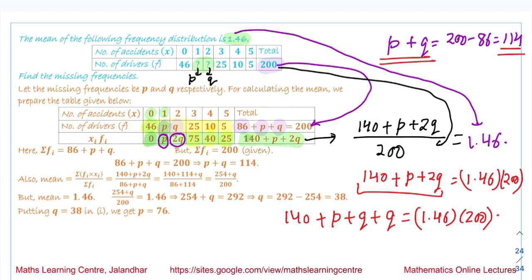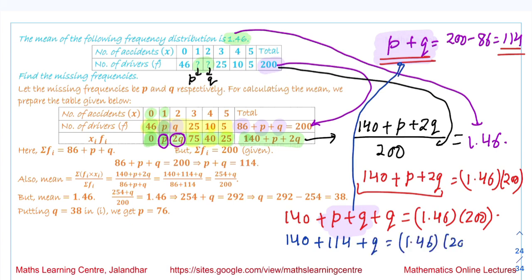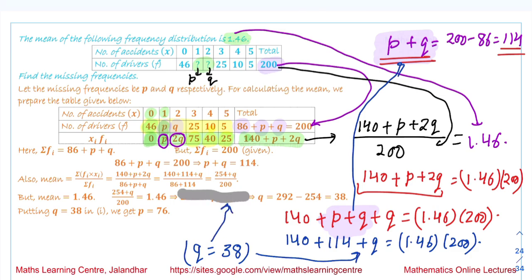The value of P plus Q that we have is 114. So 140 plus 114 plus Q is equal to 1.46 into 200. So the value of Q, on solving this, you will get 38.